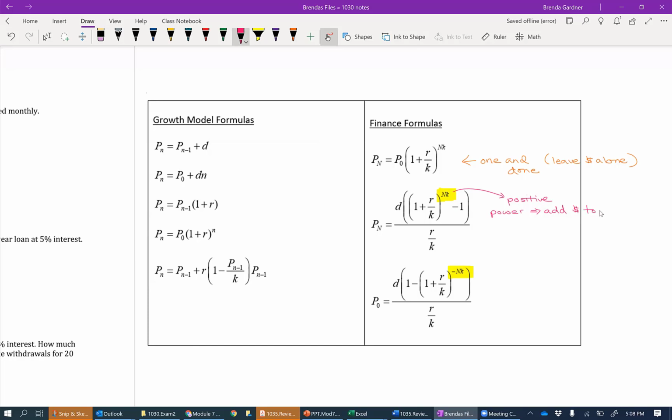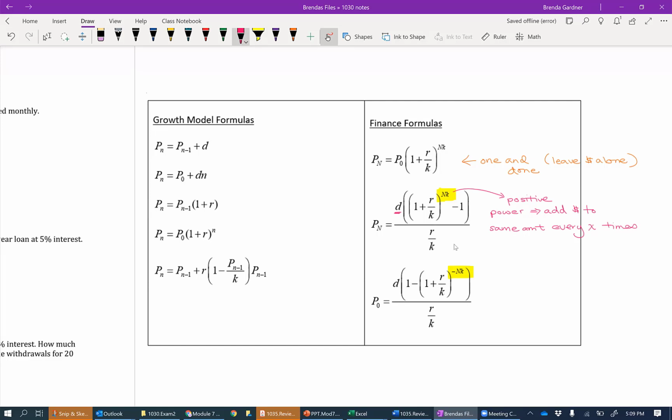This is exponential, so if it's got a positive power, it's going to be increasing at an exponential rate, just like the first one, but a little more complicated, with the same amount, D, added every K or N amount of times.